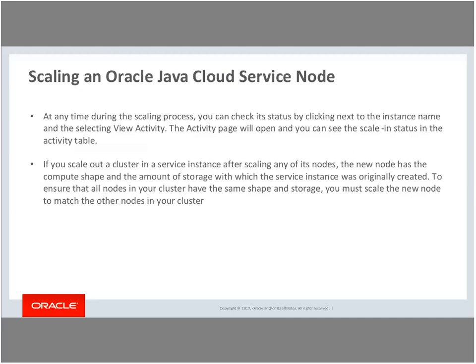Okay, that means you add more OCPUs or you add more storage to the node. Then you did a scale out operation where you added a new node to the cluster. That new node comes with the original shape of what your JCS instance was initially provisioned.